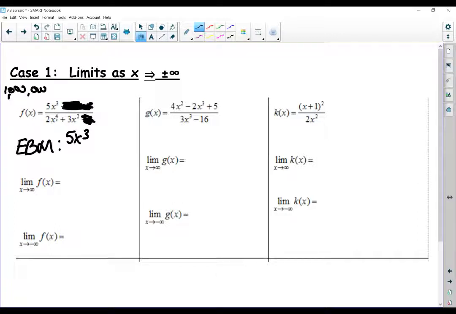Now the same argument could be applied to the bottom. If I plug in 1,000, this is a trillion, and this is 1,000,000. If I had $2 trillion and I added $3 million, you're like, yeah, that would be nice, but I have $2 trillion. What's millions when you've got trillions?